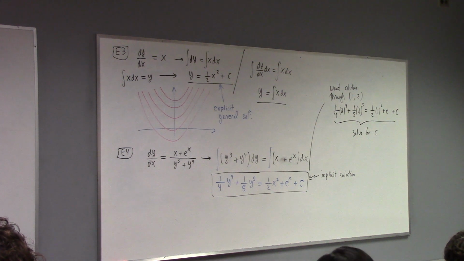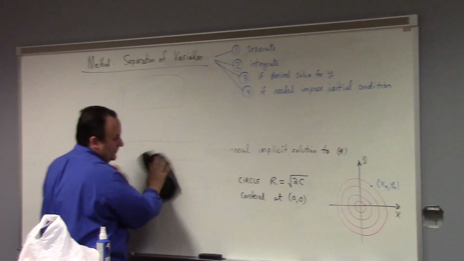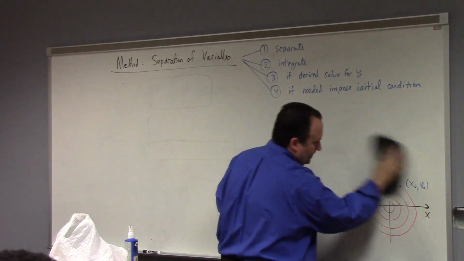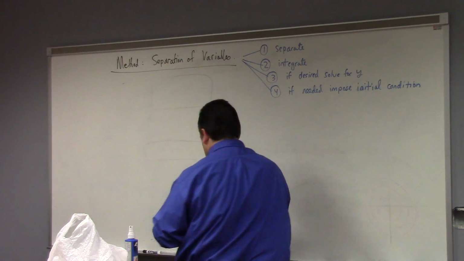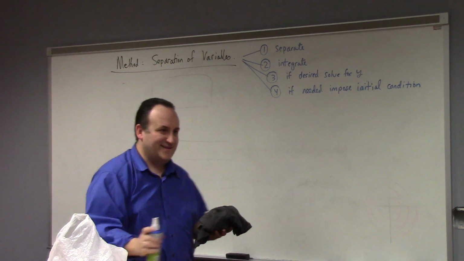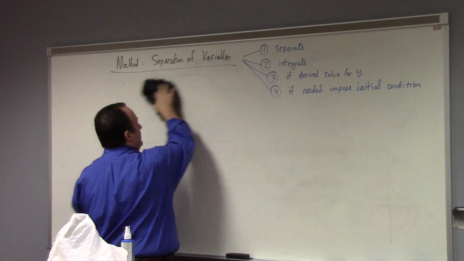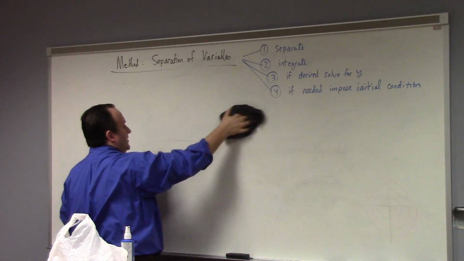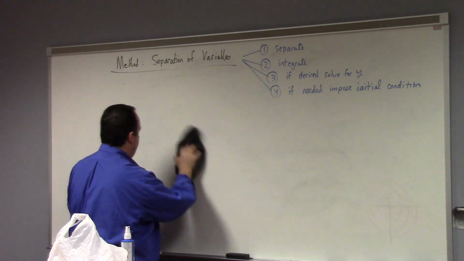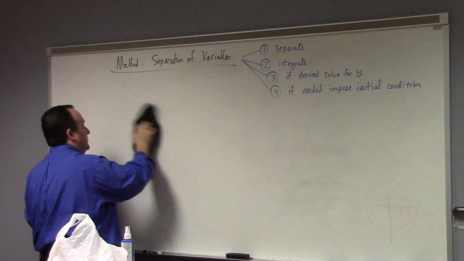Shall we work another? Let's work another. I shouldn't have erased that. So I think if you've looked at your homework, which I would encourage you to do sometime soon, understandable if you haven't yet, right?